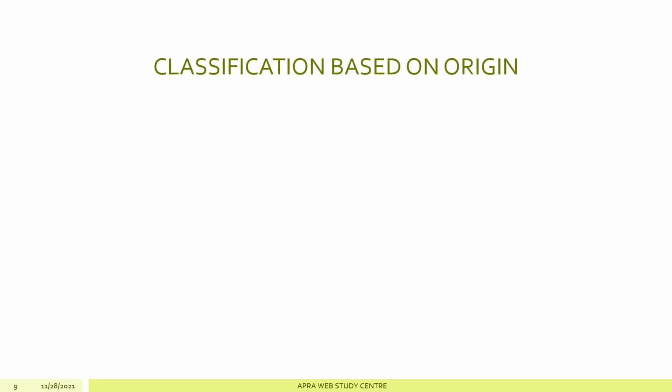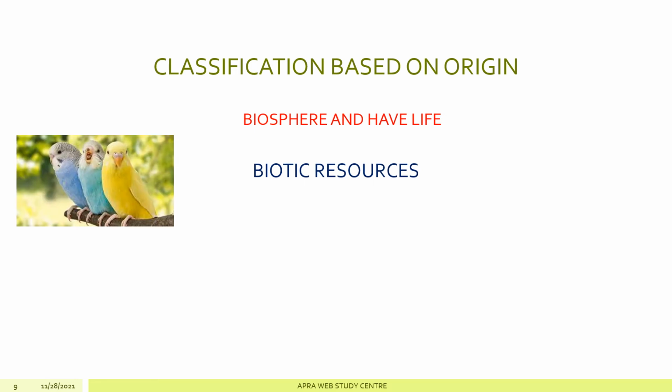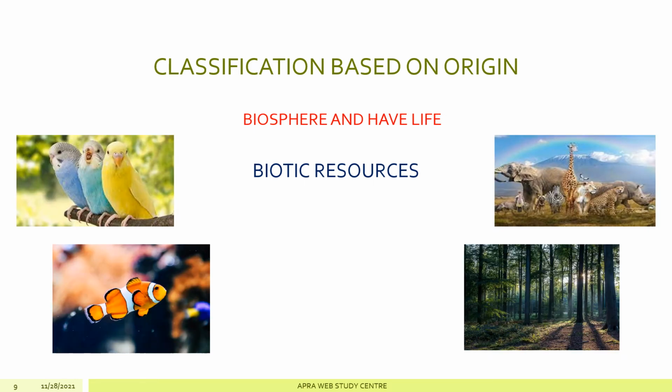Now, let's take a look at classification based on origin. Resources which are obtained from biosphere and have life are known as biotic resources. For example, birds, animals, fish, forest are biotic resources. The biotic resources provide a variety of useful products.